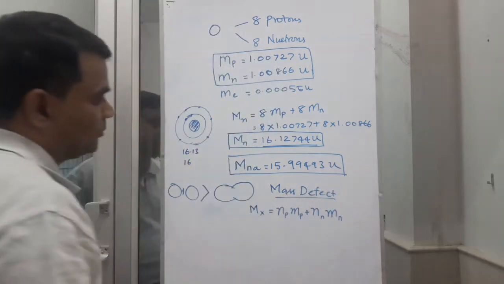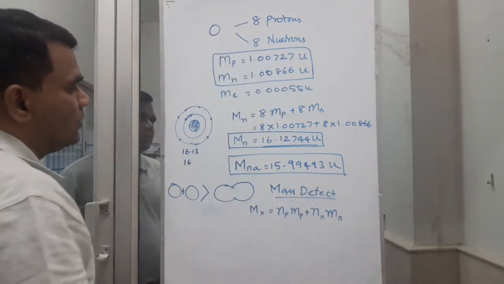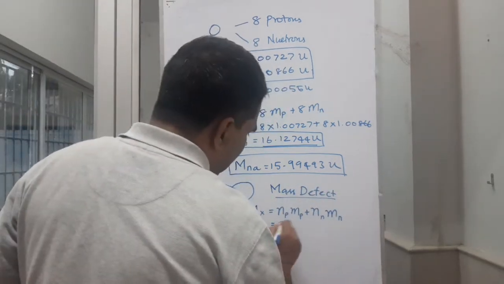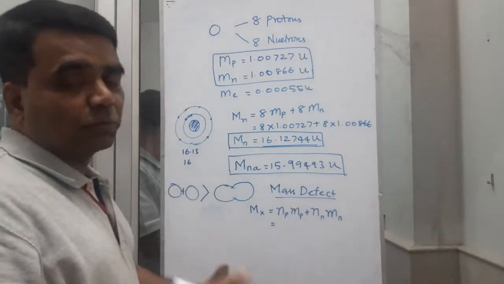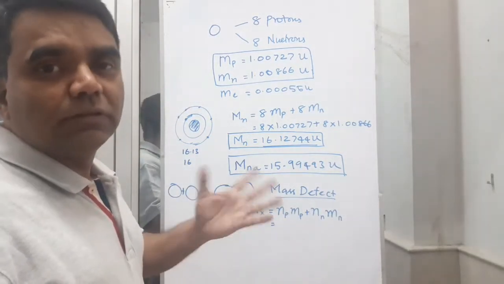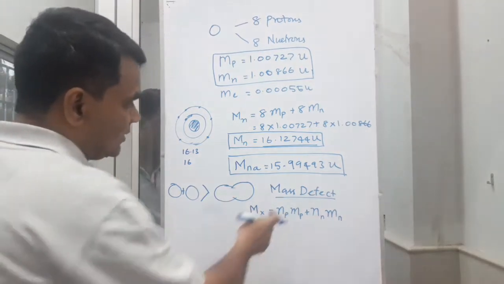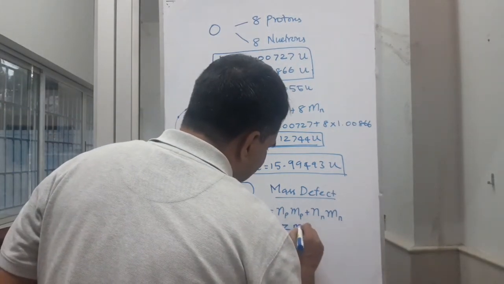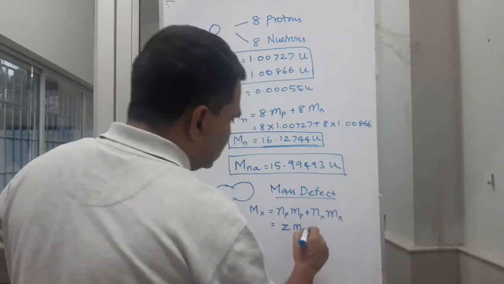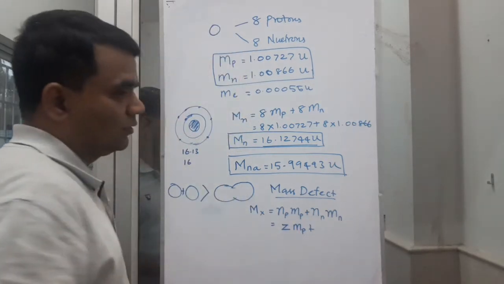That's the theoretical mass. I can do it slightly differently, because what is the number of protons? The number of protons is actually the atomic number, right? So that is going to be Z into the mass of proton. And what is the number of neutrons?